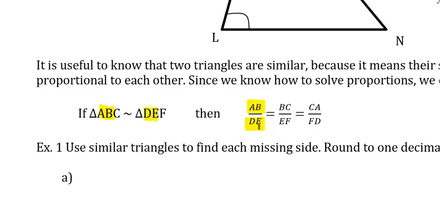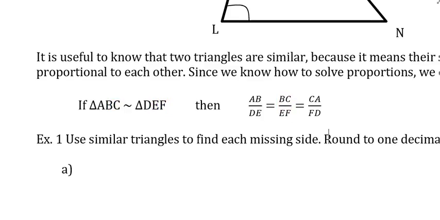So I took the first two of the first over the first two of the second. BC over EF, right? And then CA over FD. They have to line up. And it'll make sense, I think, when we do a whole example, why and exactly what's going on.